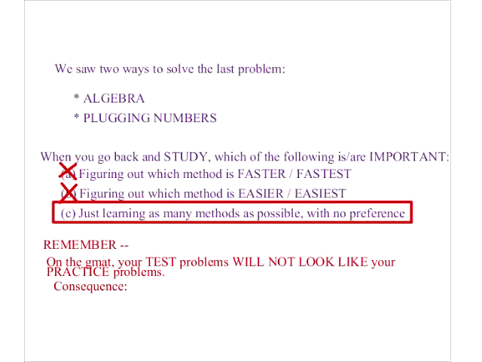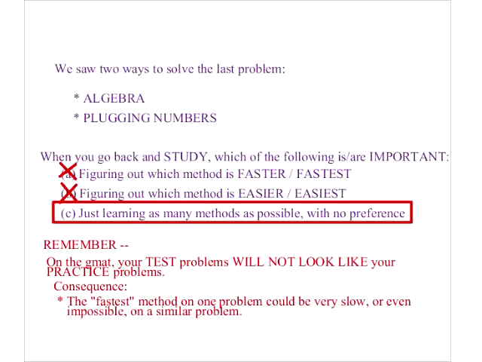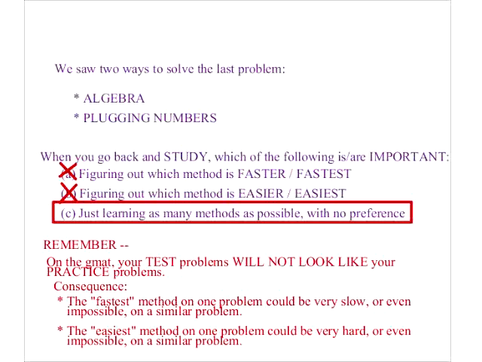Whatever is the fastest method on one problem could be very slow or even impossible on a similar problem. Also, the easiest method on one problem could be very hard or even impossible on a similar problem, because the problems will not resemble each other.